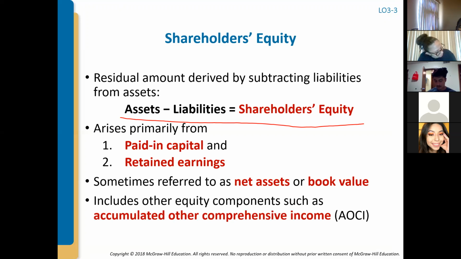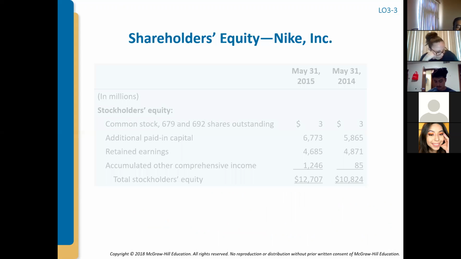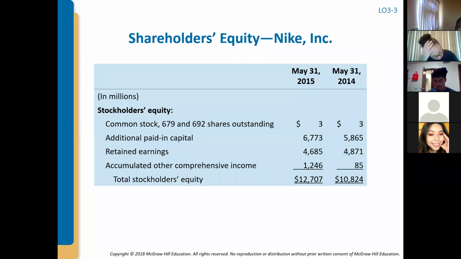They include other equity components such as accumulated other comprehensive income. We will discuss this one in the next chapters. So this is the shareholders' equity. We have, say, common stock, additional paid-in capital, retained earnings, and accumulated other comprehensive income.